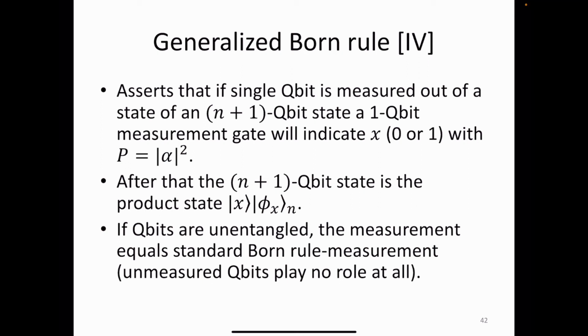Okay, after that, the n plus 1 qubit state is the product state of this definite state that we measured and the other qubits in superposition. So if you remember, before we looked at very simple systems where we had definite states and 1 qubit in superposition.